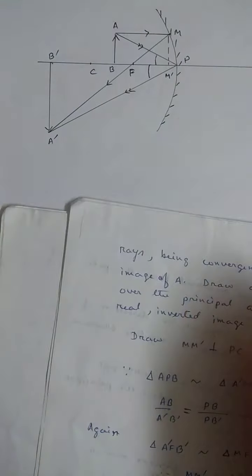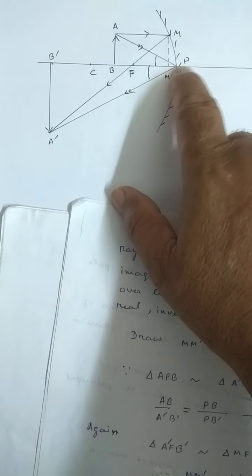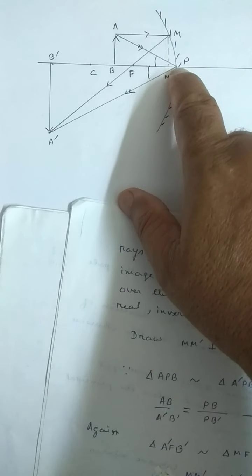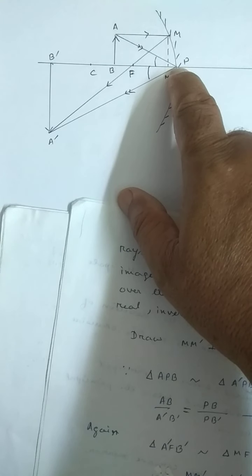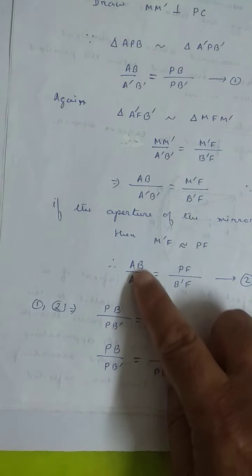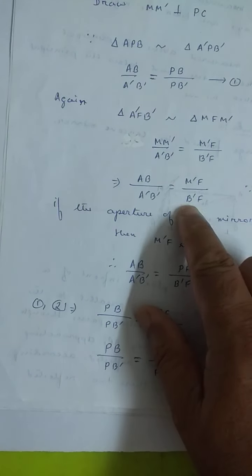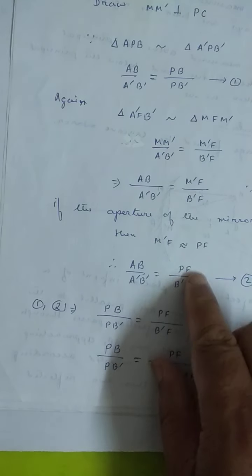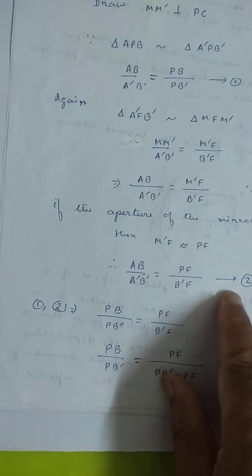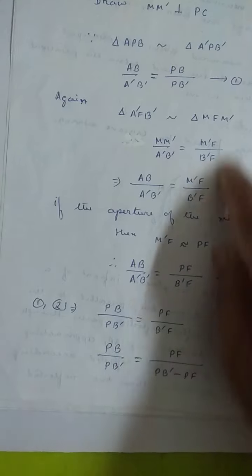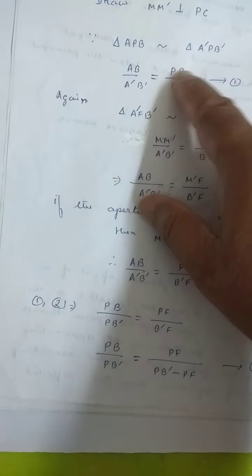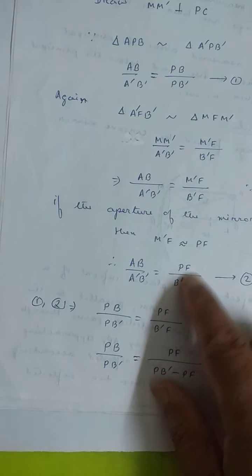You just see M'F is equal to PF because M' then comes very close to P. So therefore, in the second equation, AB by A'B' was earlier FM' by FB'. Instead of M'F, we can write PF. This is equation 2. From equations 1 and 2, we can write PB by P'B' is PF by B'F.